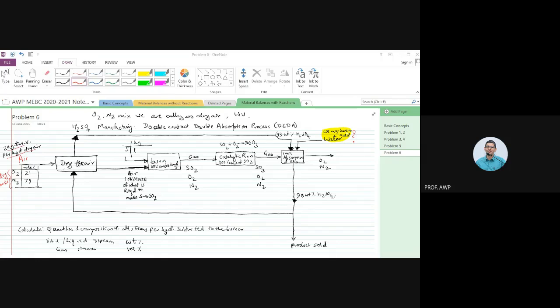Dharmik, any question? Sir, the 93 weight percent H2SO4 which we have supplied, that is the recycled one, right? That is coming from the drying part. Correct. So, sir, there is no external source of 93%, right?